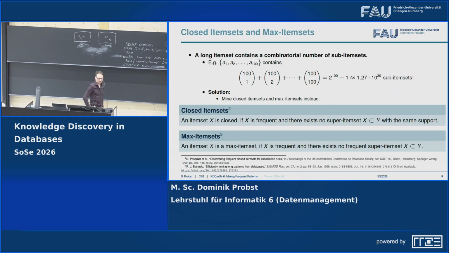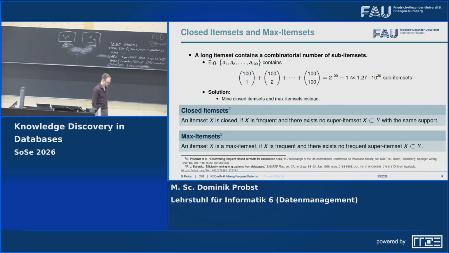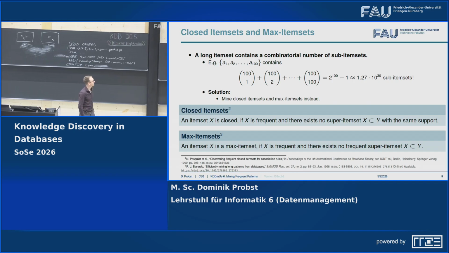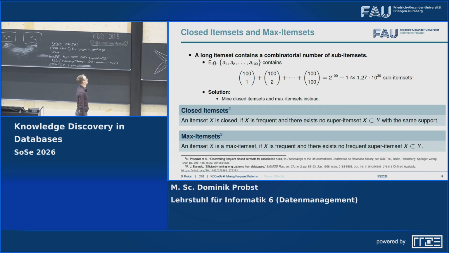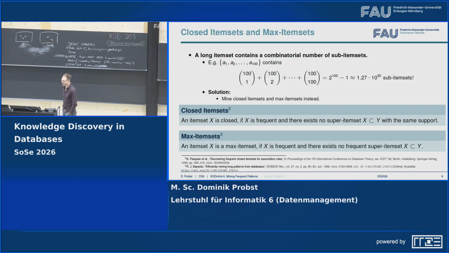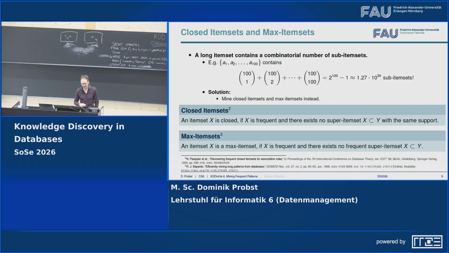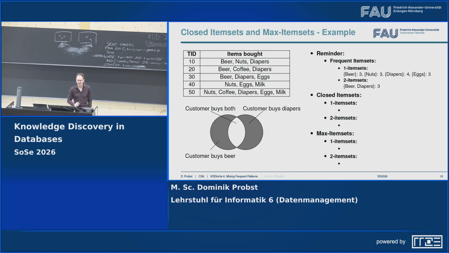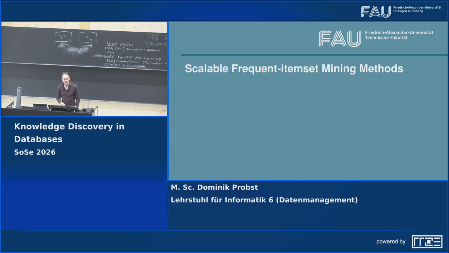We can also talk about closed item sets and max item sets, but that's something we also do not need for Apriori, so I will also skip that to next week for time purposes. Please remind me to do that as well. We will do these examples with some time next week.